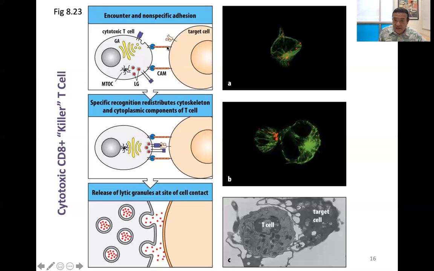And at first, it's synapsing just because of those more general types of receptor interactions, like the LFAs and CAMs. This creates a strong interaction surface. And in that surface, you have the opportunity for the T cell receptor then to check out things like the little dot that's being presented here.